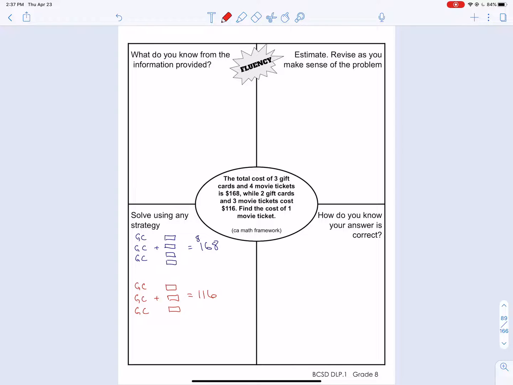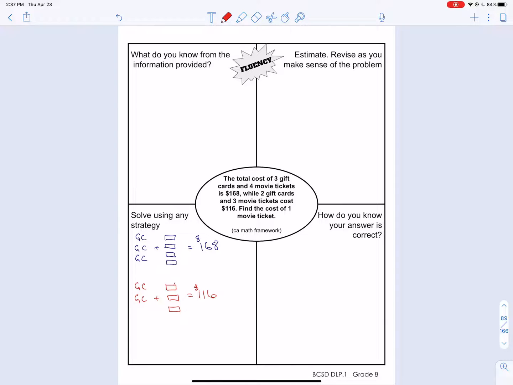Nope, we made a mistake. The first one is 3 gift cards and 4 tickets, that's 168. The second one is only 2 gift cards, so I added 1 extra. So 2 gift cards and 3 movie tickets, and that's $116.